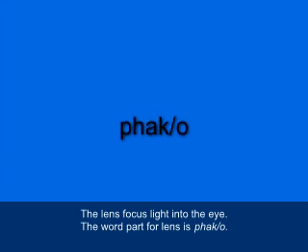Phaco means lens. Then we have the colored part of the eye that's behind the cornea. We all know that colored part. The colored part is known as the iris, which I think most of us know. And the word part for iris is irido, IRID/O.